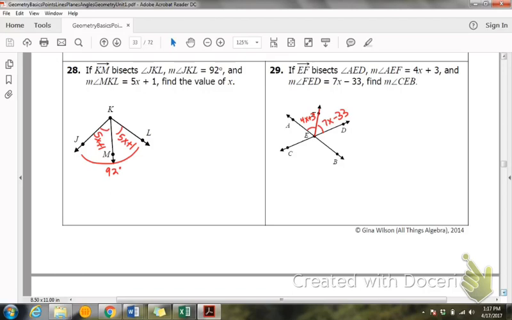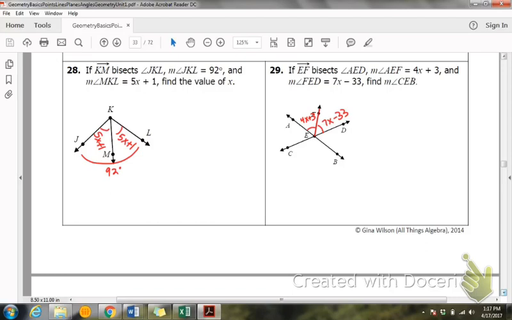Braxton, what are we going to do with those two angles? Do they equal each other or do they equal 180, you think? Good, they equal each other. Perfect.